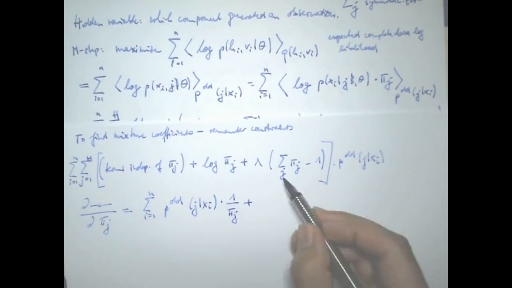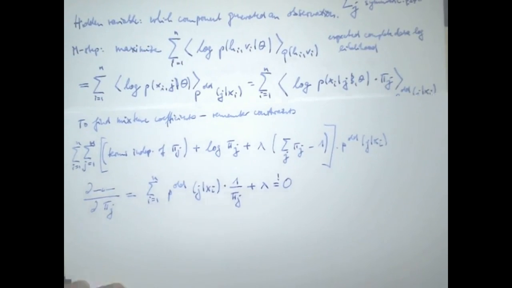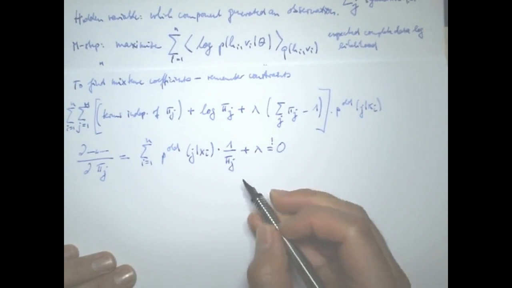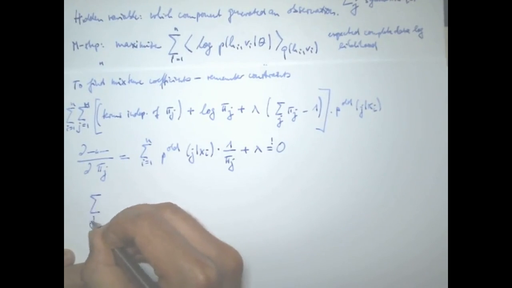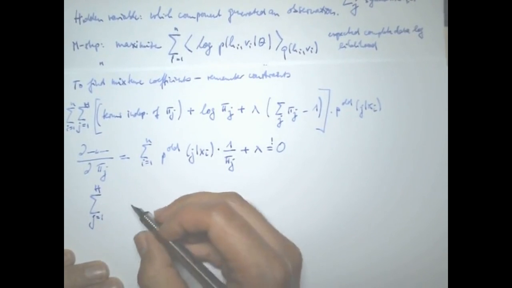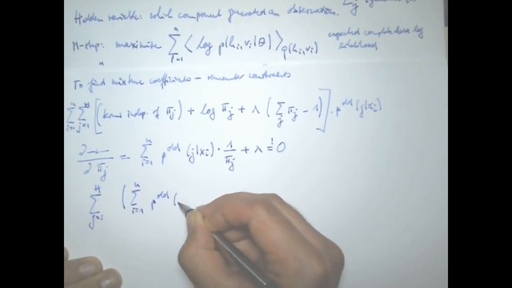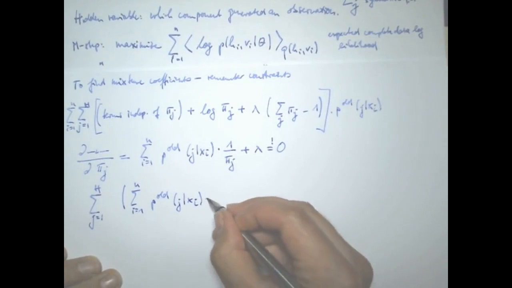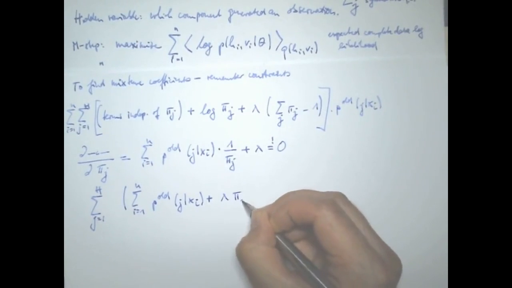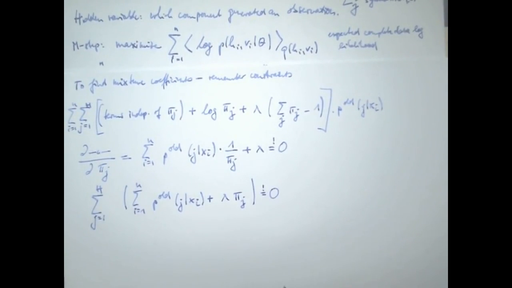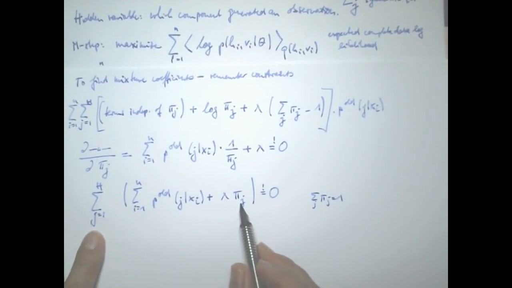And from my Lagrange term here, I'm left with a lambda. And I want to set the whole thing to 0. And I now multiply with pi j and sum over all of these j equations. These are a total of j equations. But our constraint was that the sum over j pi j should be 1. So all of these here sum to 1.